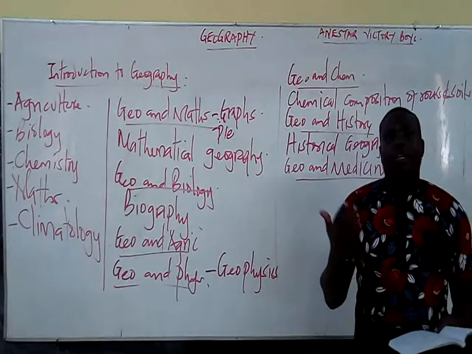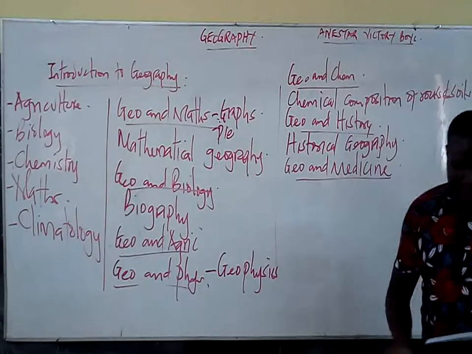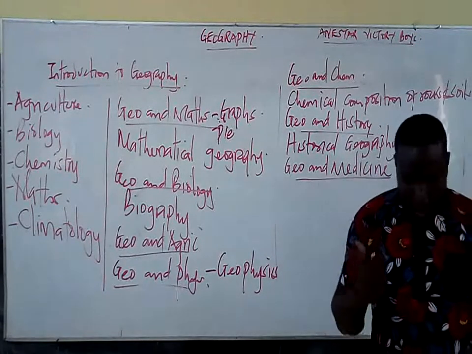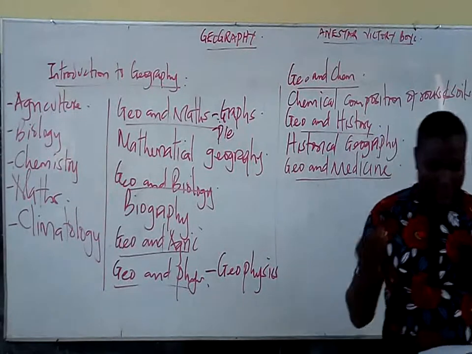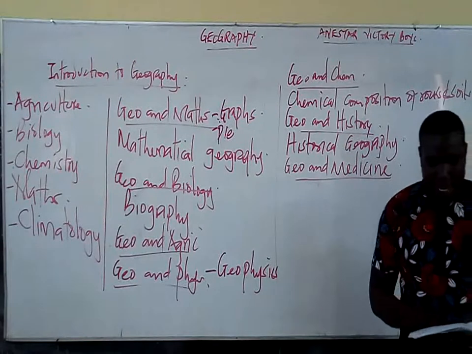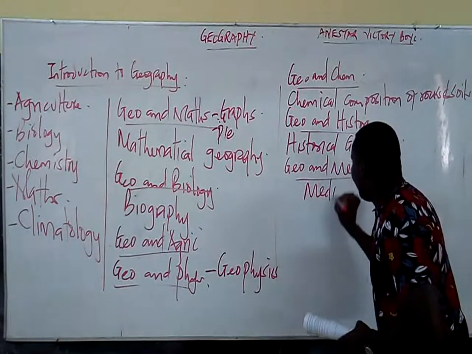It also looks at the factors that influence the spread and how these diseases affect the way of life of the people, while we are making use of natural resources. Therefore, it gives rise to another branch called medical geography.